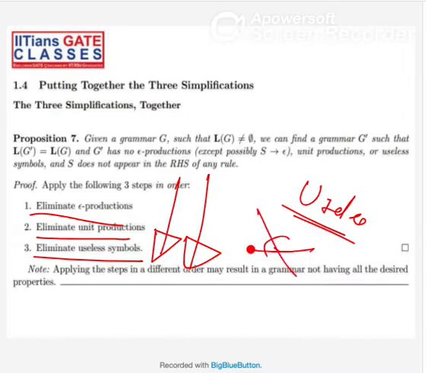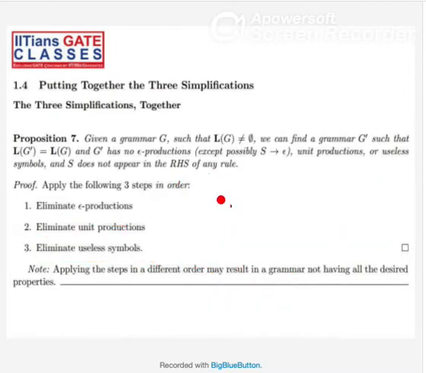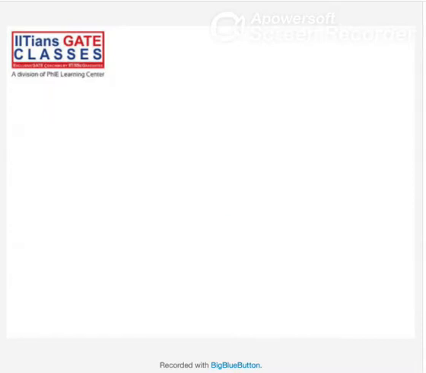When you remove null production, automatically some useless symbols can again come. So then again you will have to apply the useless symbol removal algorithm. So you can see there is double work here. You don't want to do double work, so you just follow this order. So this is your grammar simplification.